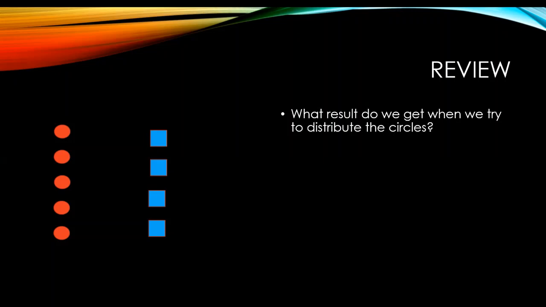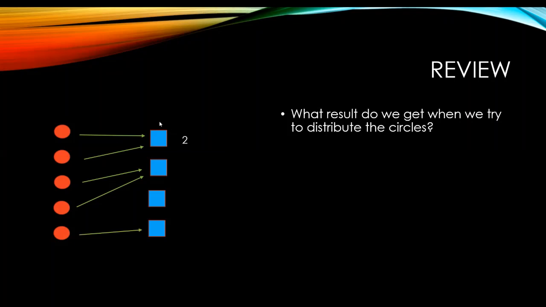So for example, what result do we get when we try to distribute the circles in our squares? I could put the first circle in the first square, the second circle in the first square, the third circle in the second square, the fourth circle in the second square, and the fifth in the fourth square.